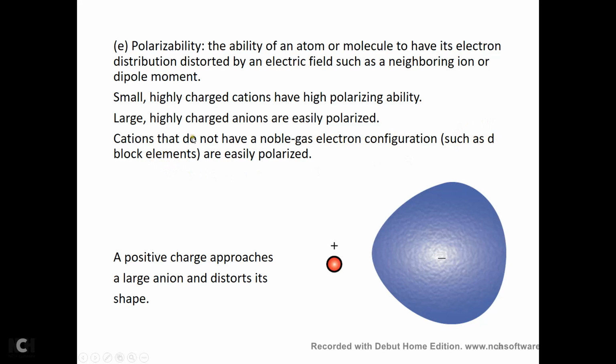They don't usually have a noble gas electron configuration. For example, iron 2+ does not have a noble gas electron configuration, so it can be fairly easily polarized, or copper plus can be easily polarized.